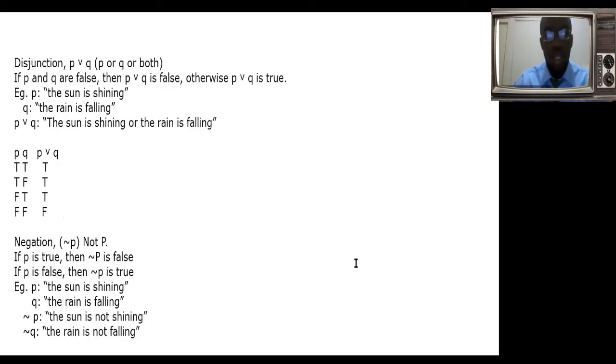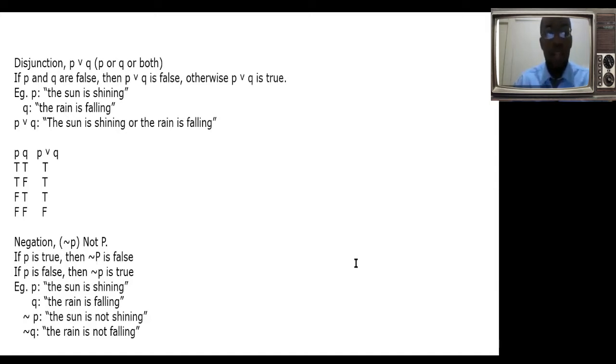Now disjunction. The disjunction P or Q is going to be true when either P is true or Q is true. So if P represents the statement the sun is shining and Q represents the statement the rain is falling. Think about it. If I give you an or condition, any one of those criteria satisfied means the overall statement is going to be true.